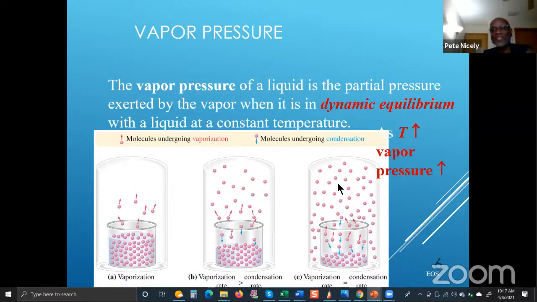So you have that back and forth taking place at this point. When you get to that point, the pressure exerted by the vapor here will be equal to the vapor pressure. So that's what the vapor pressure of a liquid is. It is the pressure exerted by the vapor of a liquid at equilibrium with that same liquid.